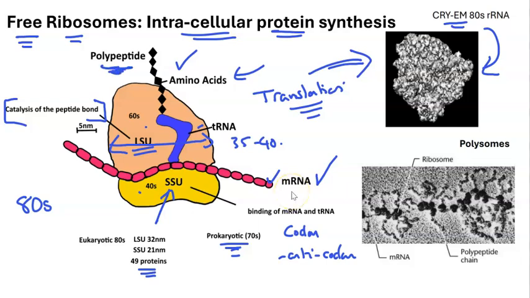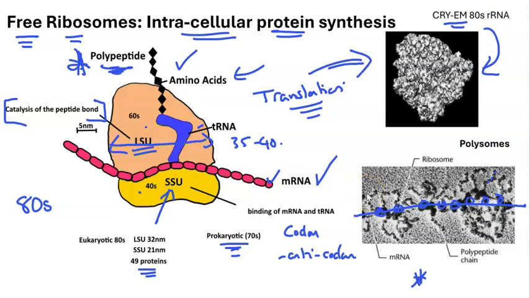Now, interestingly, this micrograph here will show us another feature, which is the messenger RNA is along my pen line here, and there are actually multiple ribosomes here. And the lines which are out here, these are our polypeptide chains up here.